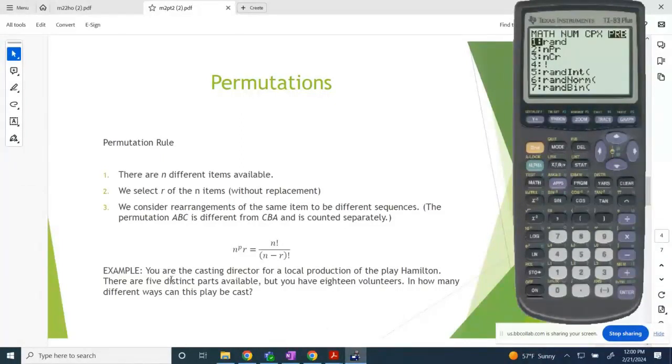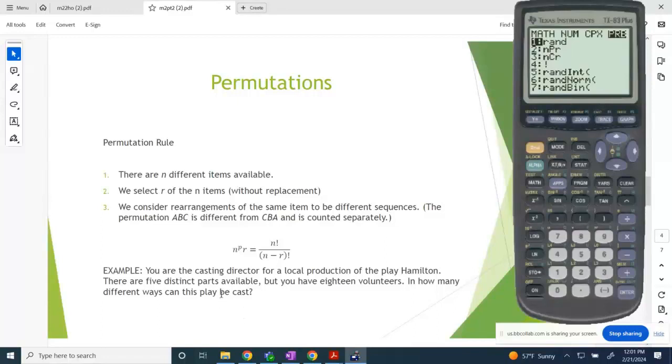It says you are the casting director for a local production of the play Hamilton. There are 5 distinct parts available, but you have 18 volunteers. In how many different ways can the play be cast?